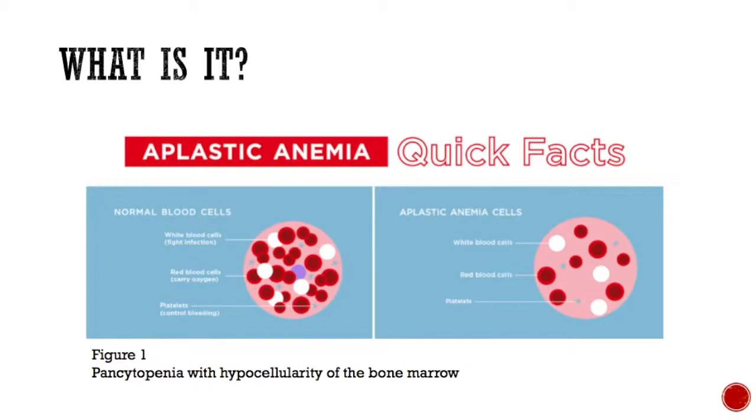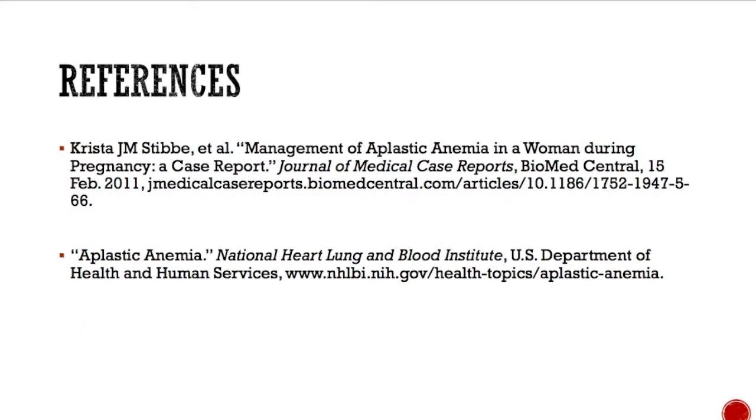And the low platelets lead to abnormal bruising or bleeding. The culmination of these symptoms and the dramatic decrease in all these blood cell counts are pretty much why the disease is so life-threatening. All in all, this case report serves as a reminder that even when a patient has a good prognosis, things can still happen.